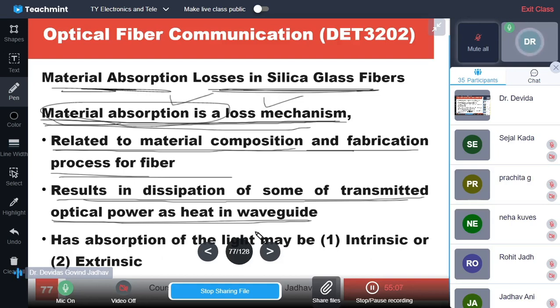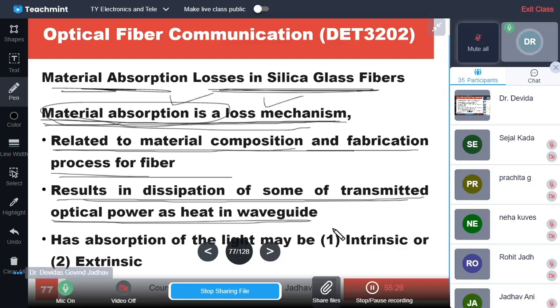We study this for semiconductors also, intrinsic and extrinsic. The same is there in glass. In the glass, the material of the glass itself is intrinsic, and the material which is contaminating the glass, the impurities in the glass, is extrinsic.